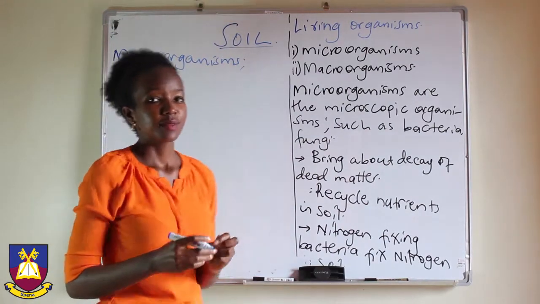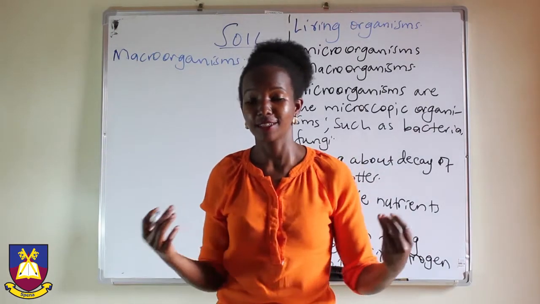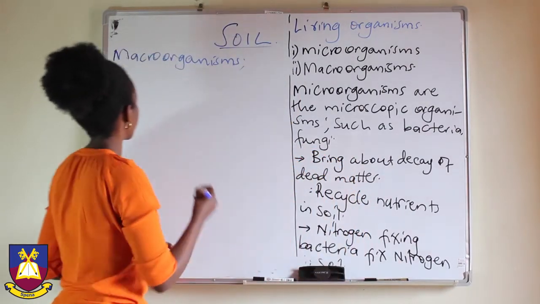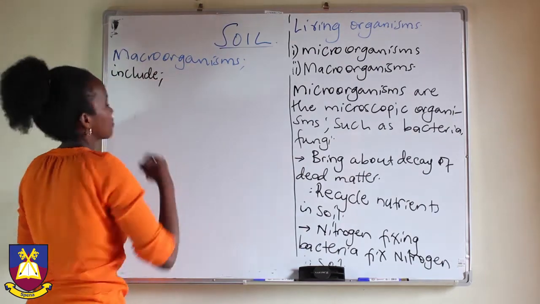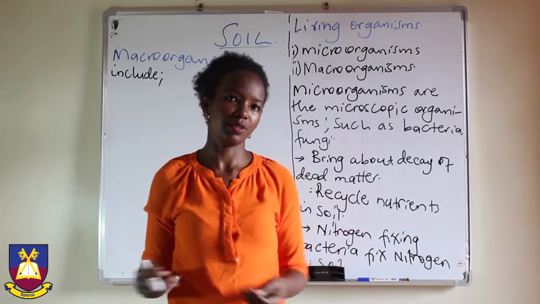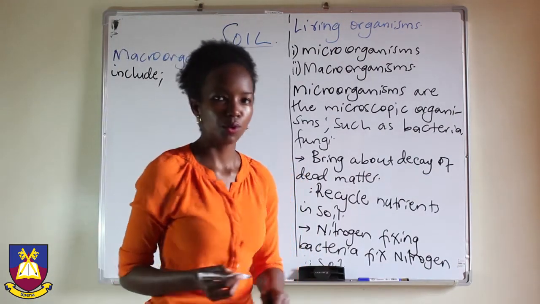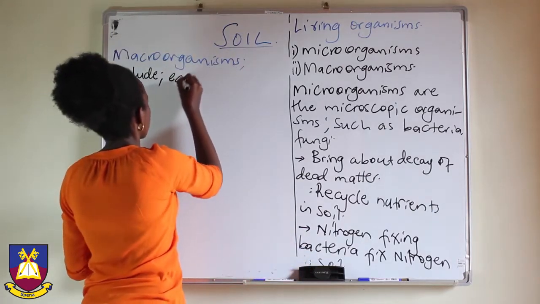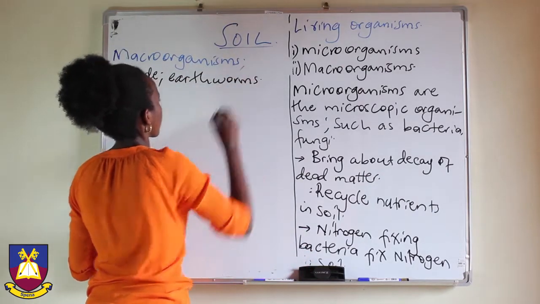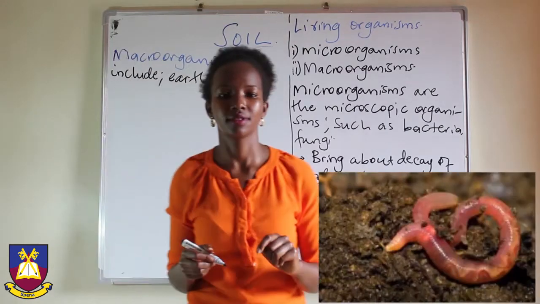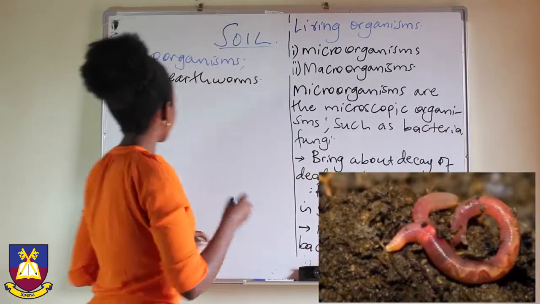The macroorganisms are those larger organisms that can easily be seen. Include, can mention some that you know live in soil. For example, earthworms. Nematodes, roundworms.